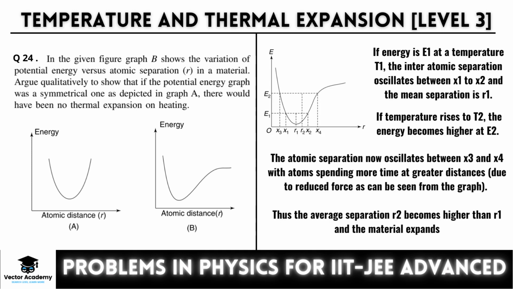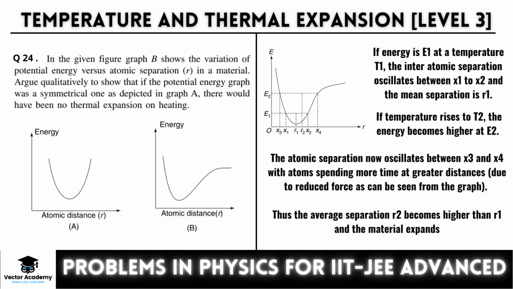With rise in temperature, the energy rises and atoms oscillate with higher amplitude. If energy is E1 at a temperature T1, the interatomic separation oscillates between x1 and x2 and the mean separation is R1. If temperature rises to T2, the energy becomes higher at E2.